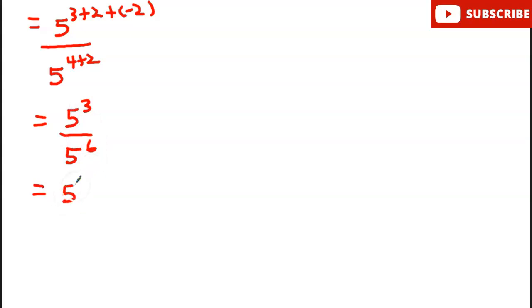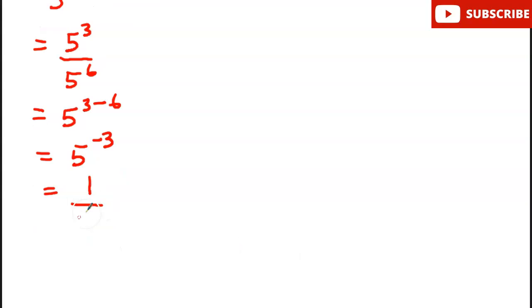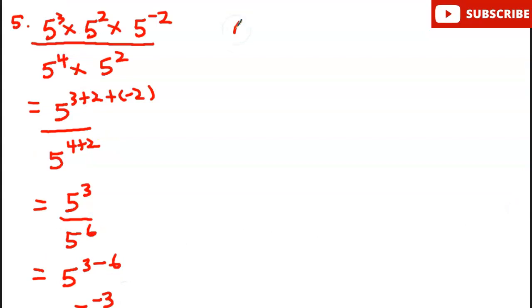So 5 to the power 3 minus 6. So we are going to have 5 raised to the power minus 3. And this one we can write as 1 over 5 to the power 3. Now what is 5 to the power 3? 1 over 125. Good.